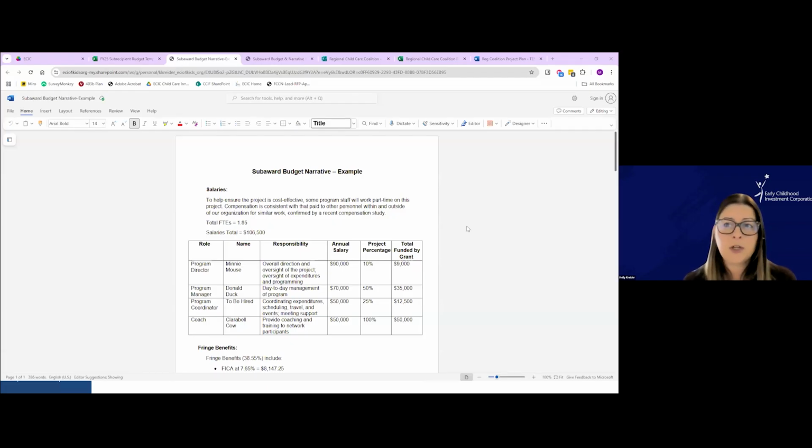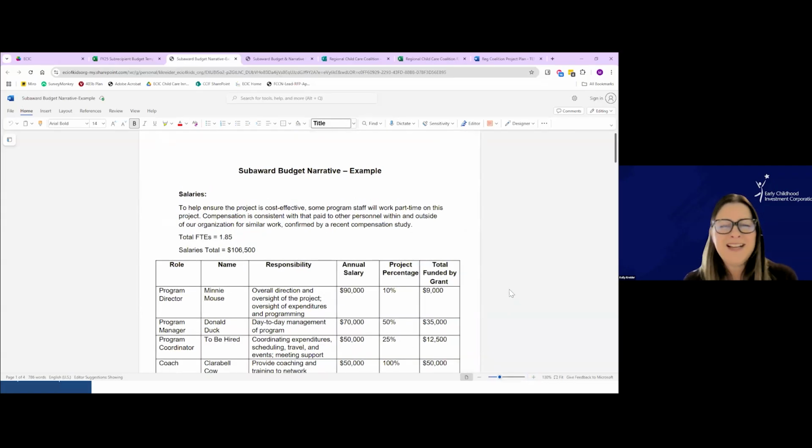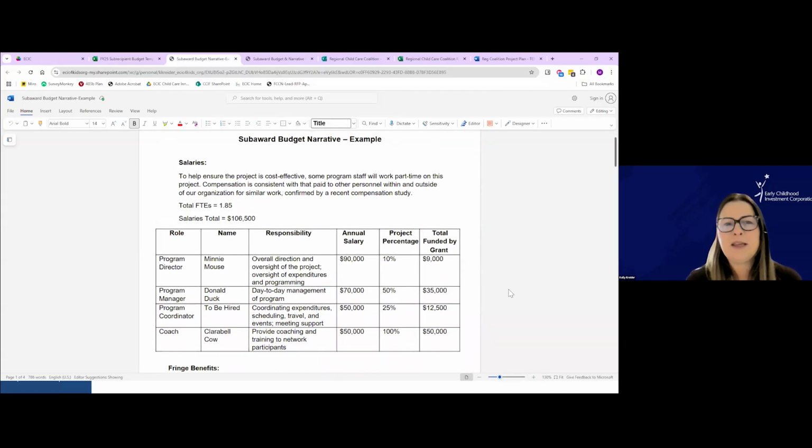You may have a template internally that you are comfortable with and that you use regularly. You may want to add it as a tab to your budget. It doesn't matter how you submit it, but we have learned that an example is so helpful to many of you. So you can also feel free to just use this and enter your own information.